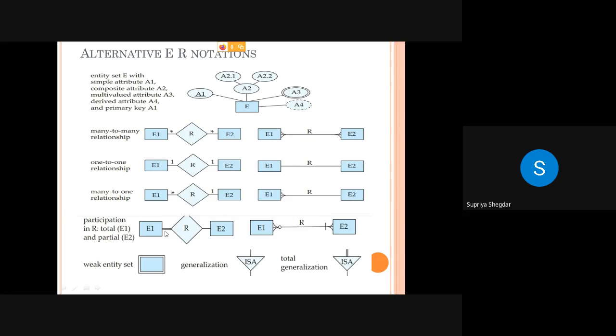If it is total, then we draw a double line, and if it is partial, we draw a single line. Then the weak entity set is represented with the help of a double rectangle. Generalization is represented by an is-a relationship in a triangle.